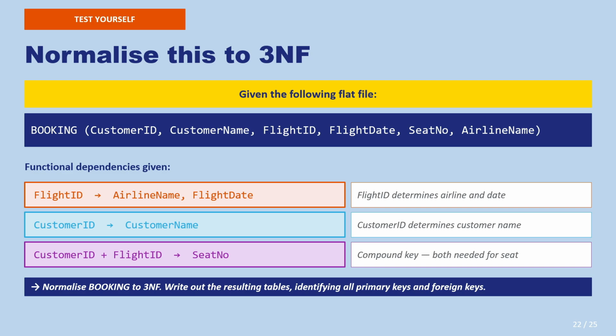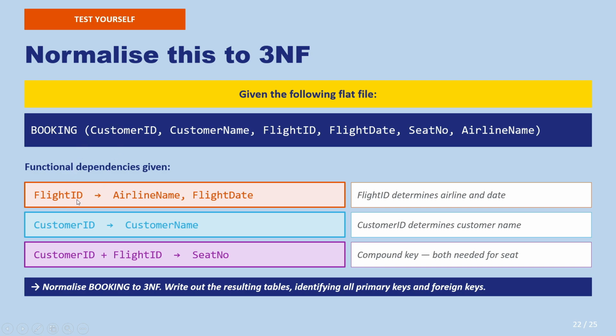So you have this question to test yourself, and let's see if you're able to get it right. So here I have a bigger set that is booking, and in that booking we have different attributes. And here I've given you a guide on how to go about it. I've given you the functional dependency that exists in here.